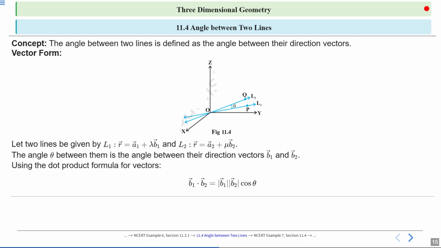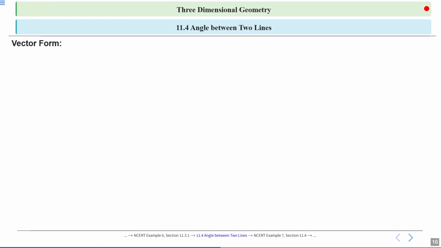Now to find the angle, we use the dot product formula for vectors. So b1 dot b2 equals magnitude of b1 times magnitude of b2 times cos theta. If theta is the acute angle between the two lines, we want to find a way to calculate this angle using vectors.